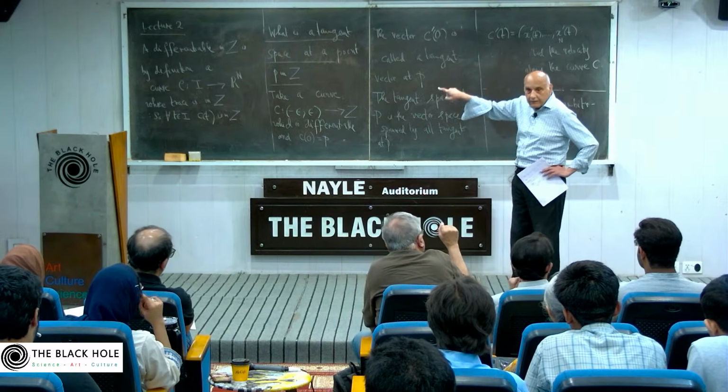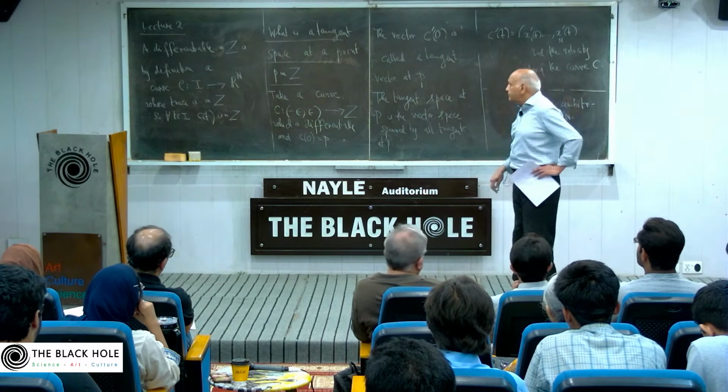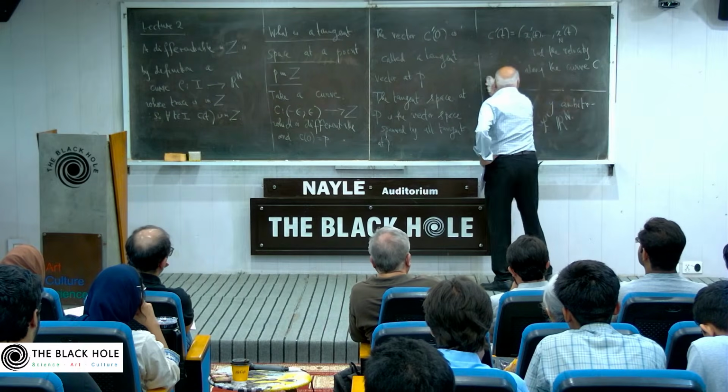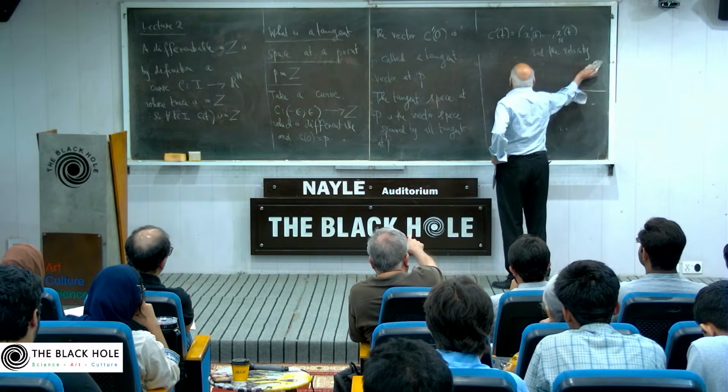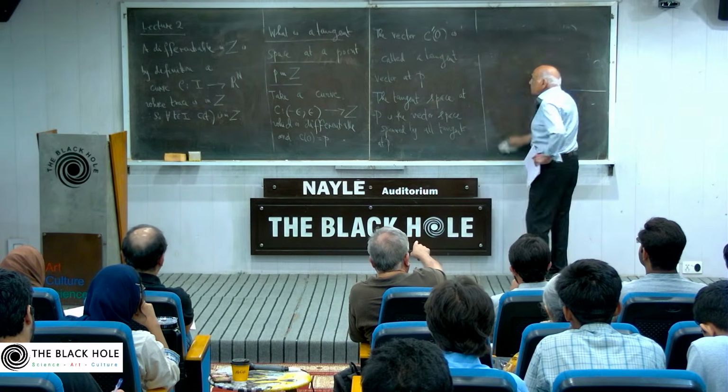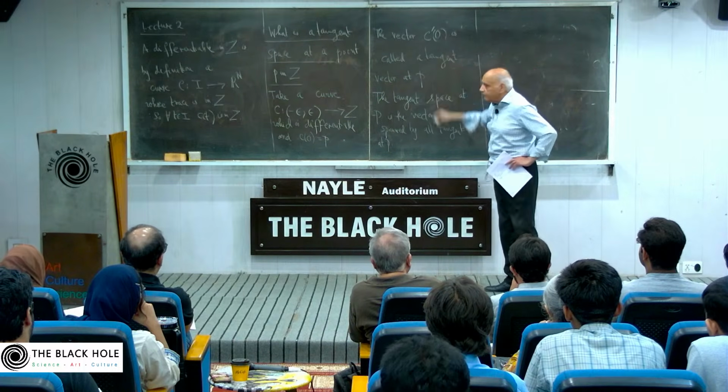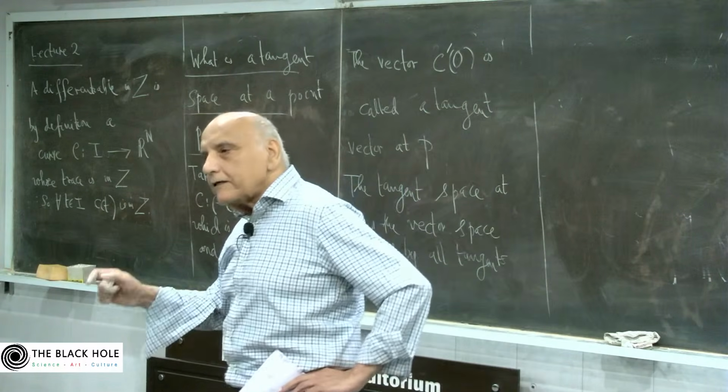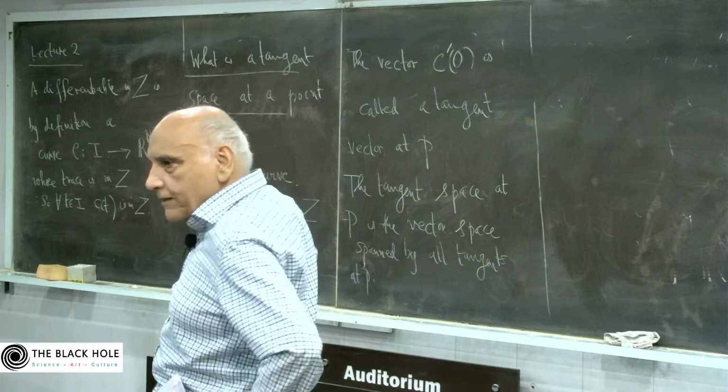Well, you take all curves passing through P and look at their tangents. The tangent space is by definition the linear span of all the tangent vectors.